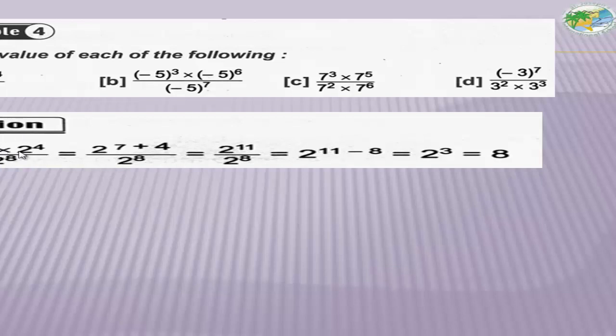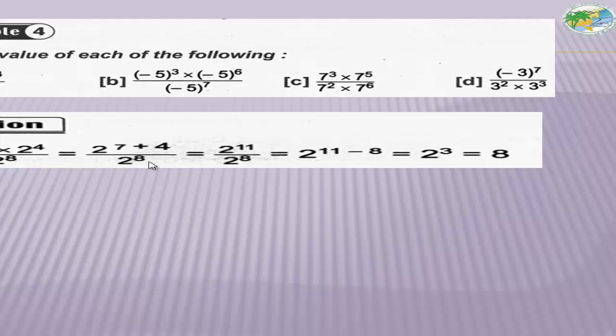For the numerator with the same base, we add the powers. So here it will be 2 power 7 plus 4. Ignore the denominator now, we just find the value of the numerator. So 2 power 7 plus 4 equals 2 power 11.